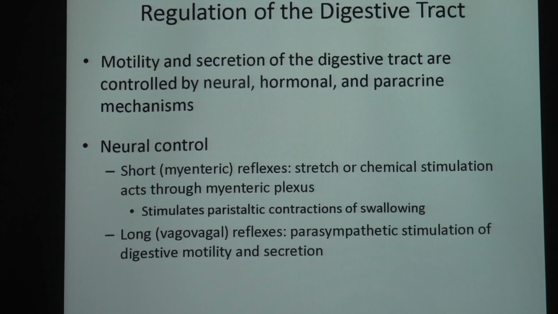The second phase of neural control is called the gastric phase. Okay, and the gastric phase causes stretch reflex inside the stomach, and it will also increase the level of hydrochloric acid that's being emitted into the stomach.